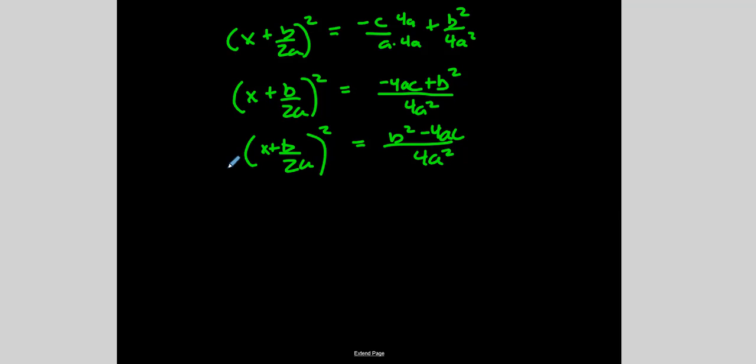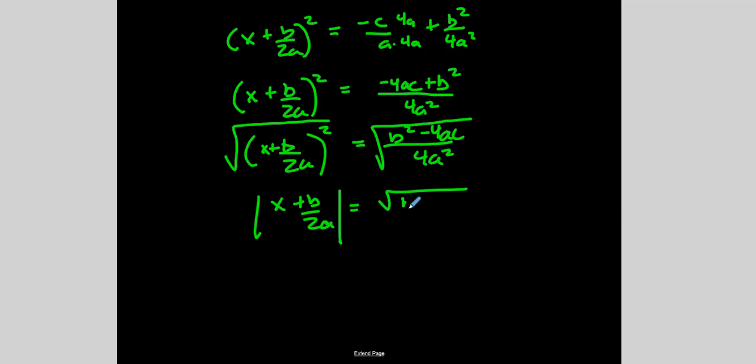Well, I want to solve for x, so now to get rid of the square, I take the square root of both sides. Okay, so on the left side now, this becomes the absolute value of x plus b over 2a equals, the right side, I'm actually going to write this as two radicals. I can do that, the square root of b squared minus 4ac over the square root of 4a squared.